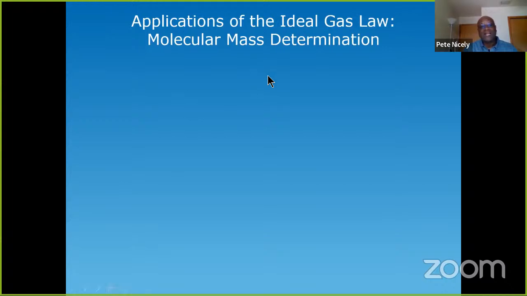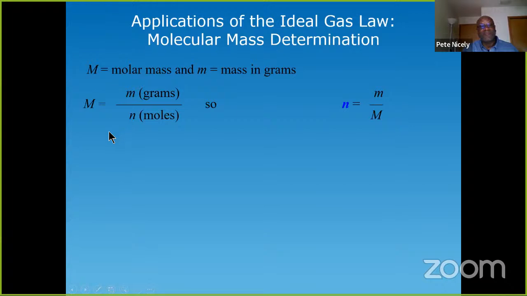So first thing I'm going to say here is that I'm going to let uppercase M be equal to the molar mass and lowercase m be equal to the mass in grams. So if we're going to use these terms to represent these different items here, then we can say that the number of moles of a gas can be equal to the mass in grams divided by the molar mass.